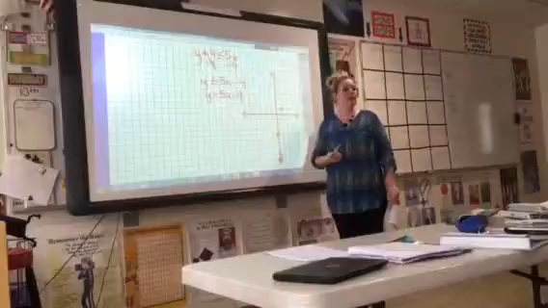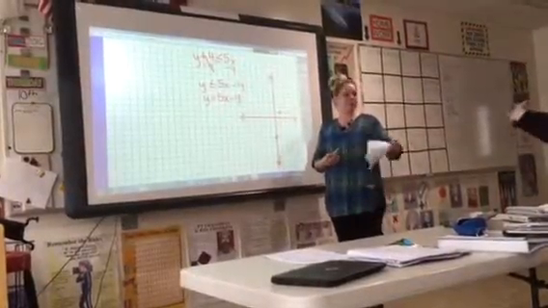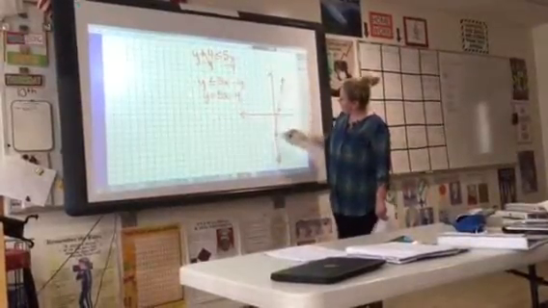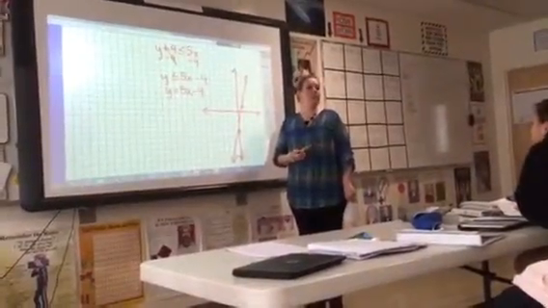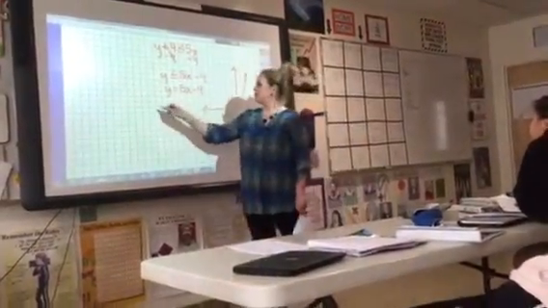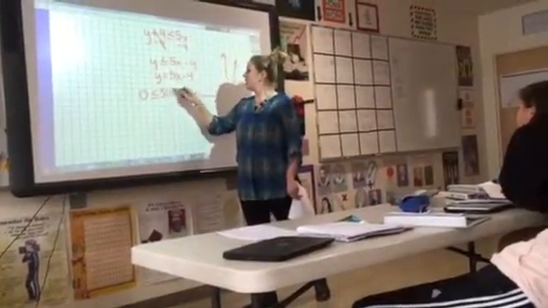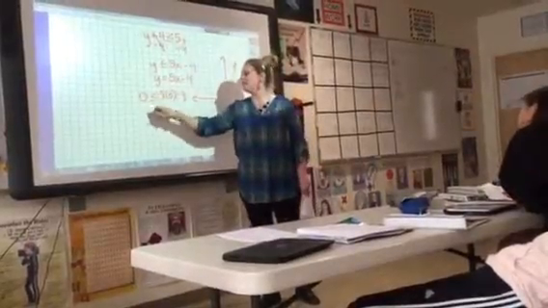Now we need to figure out what type of line we have. Solid or dashed? Solid. Then 0, 0 we can use as a test point, so I'm going to use it. Now we need to plug it in to find our shaded area. So we have 0.